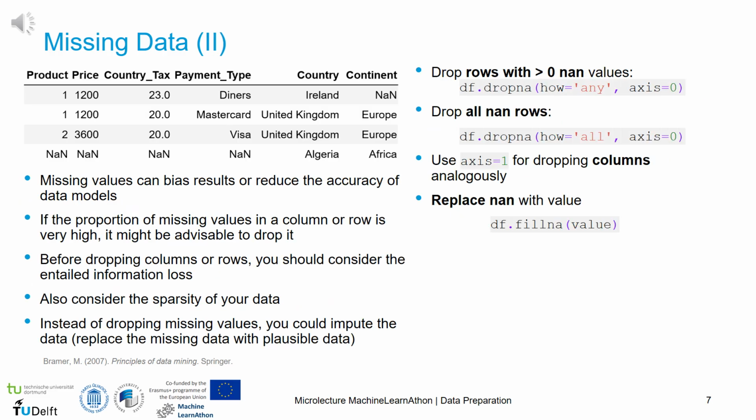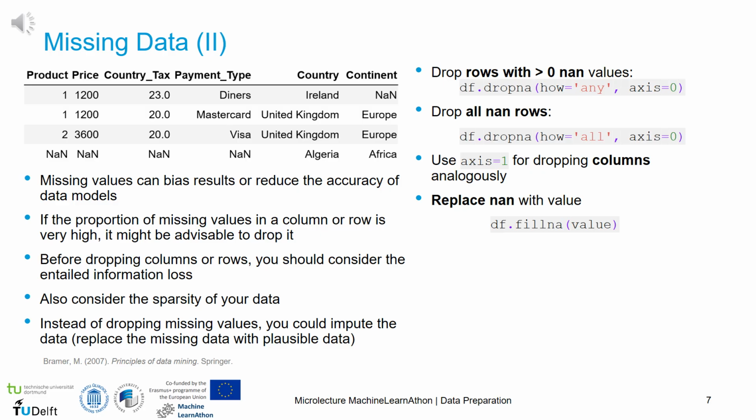If you just process your data without handling the missing values, that can lead to either bias or the reduction of the accuracy of the data models, which you don't want. So you need to decide what to do with those. One option is simply to drop the missing data. So for example, if you have a column where 90% of the data are missing, then you could drop the whole column.